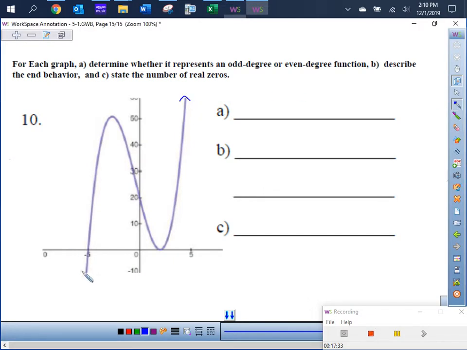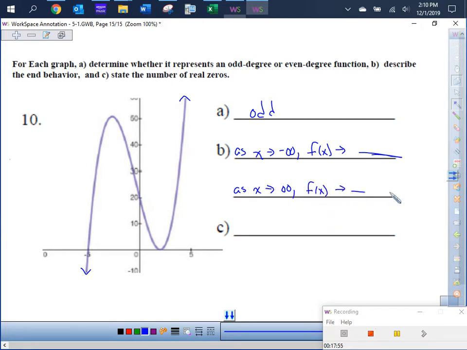One of them's going up and the other one's going down, so that's an odd degree. As x approaches negative infinity, f of x approaches blank. And as x approaches infinity, f of x approaches blank.